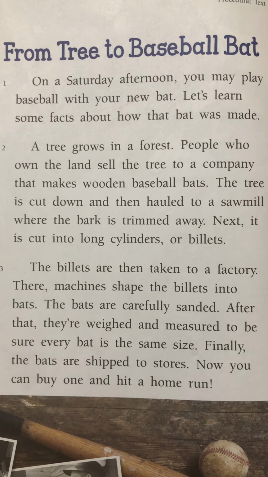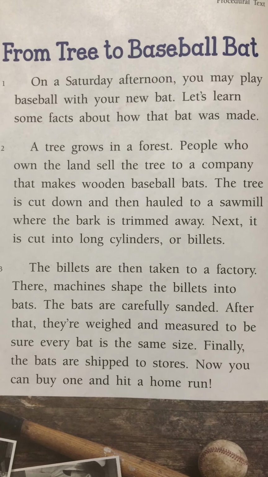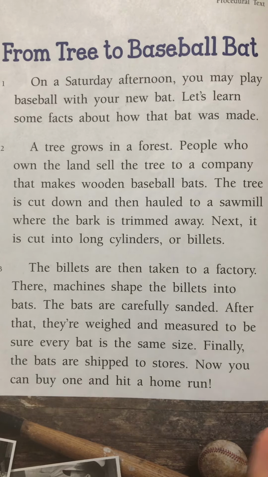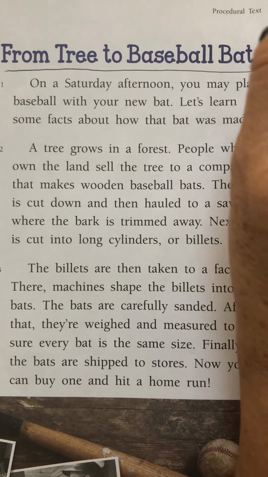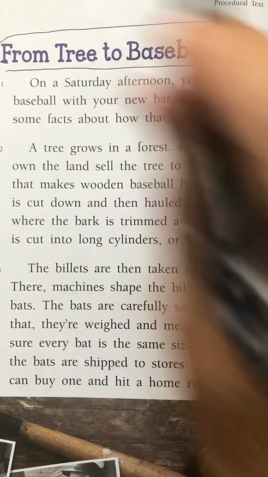Today we're going to be focusing on the lesson From Tree to Baseball Bat. You should have already read From Tree to Baseball Bat by yourself or listened to it on the ebook. Please get your workbook out in front of you, and I want you to circle the title, From Tree to Baseball Bat.